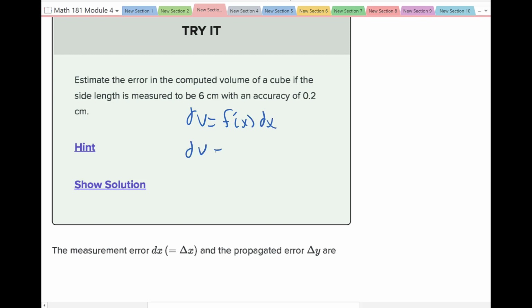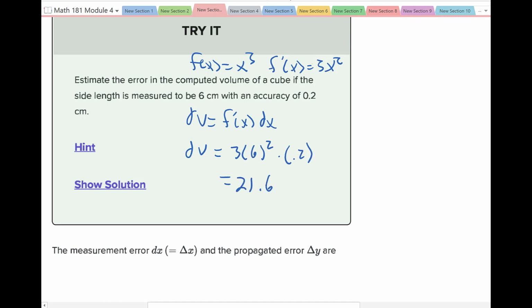I should say f of x is x cubed, f prime of x is 3x squared. So it's going to be 3 times 6 squared times 0.2. And that's going to be 21.6 centimeters cubed.